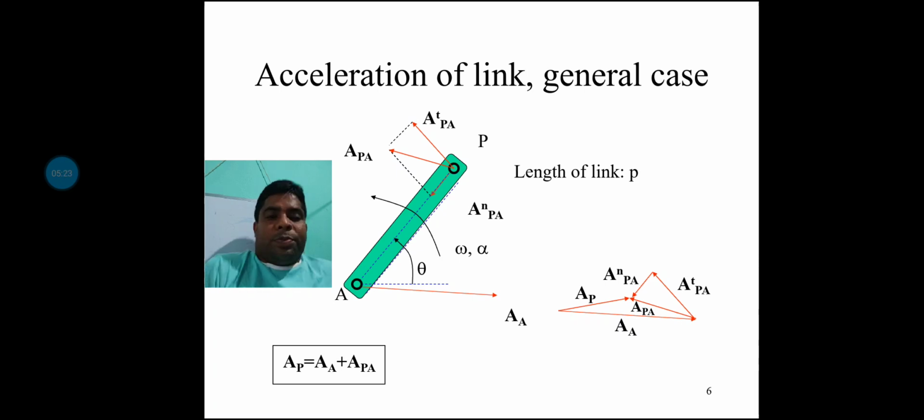So the total acceleration of point P on the link is AA plus APA.